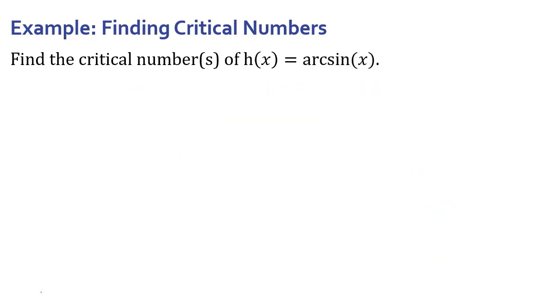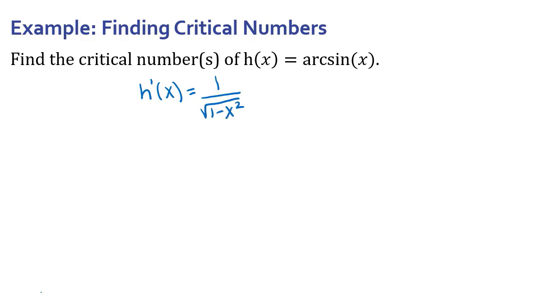All right, now let's look at finding the critical numbers of the function h of x equals the arcsine of x. So the derivative of the arcsine of x, remember arcsine is the same thing as sine inverse, is 1 over the square root of 1 minus x squared.